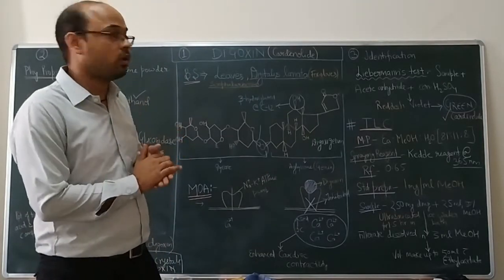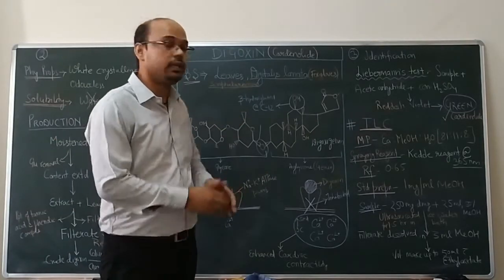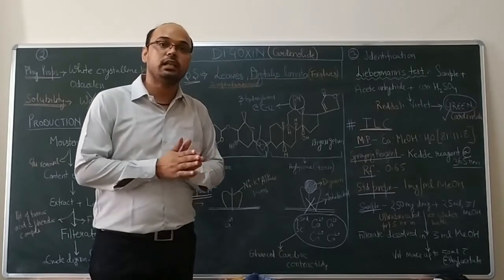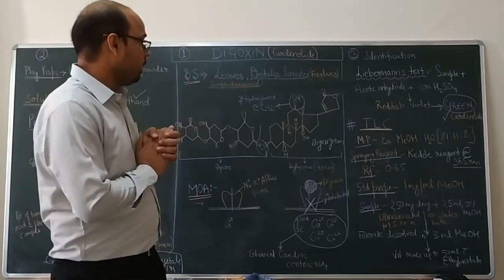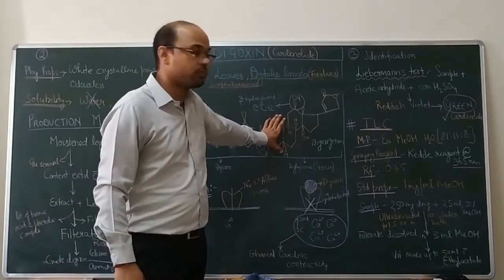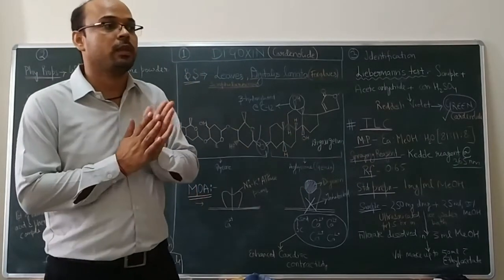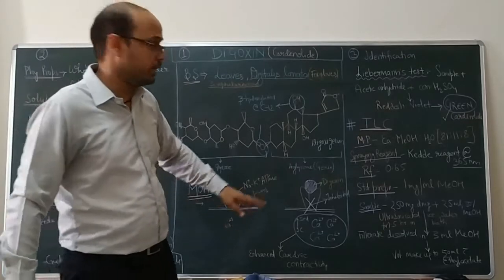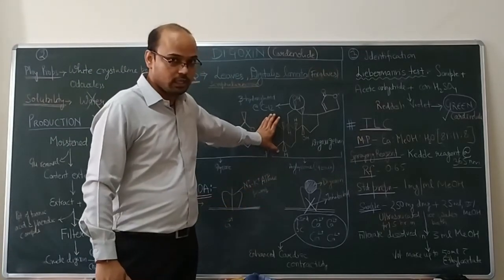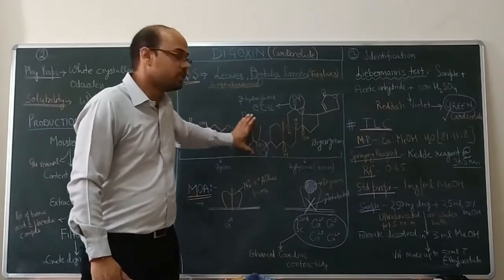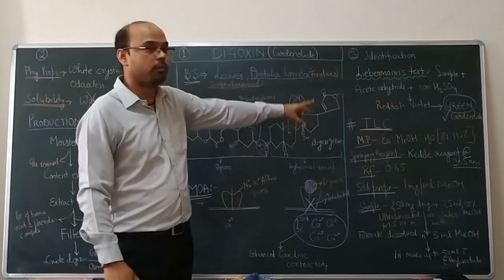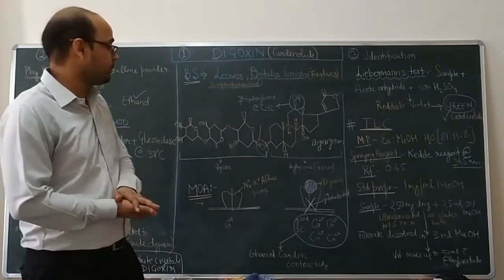So these are also called beta hydroxylated steroidal saponins. Because it is the moiety of steroid, you must have learned in medicinal chemistry. This is the cyclopentanoperhydrophenanthrene ring nucleus. This is the basic nucleus to which a sugar is attached, and it will form the compound digoxin.